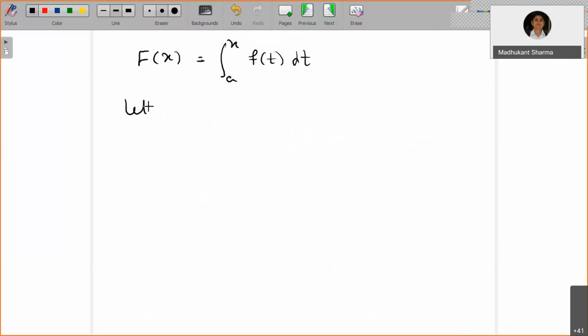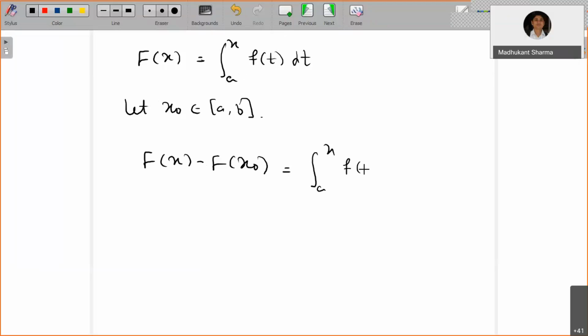Now let x naught belong to the closed interval [a, b]. Then what is F of x minus F of x naught? If f is Riemann integrable on a to b, it is also integrable on a to x naught and x naught to b. So this is the integral from a to x minus the integral from a to x naught of f of x dx.